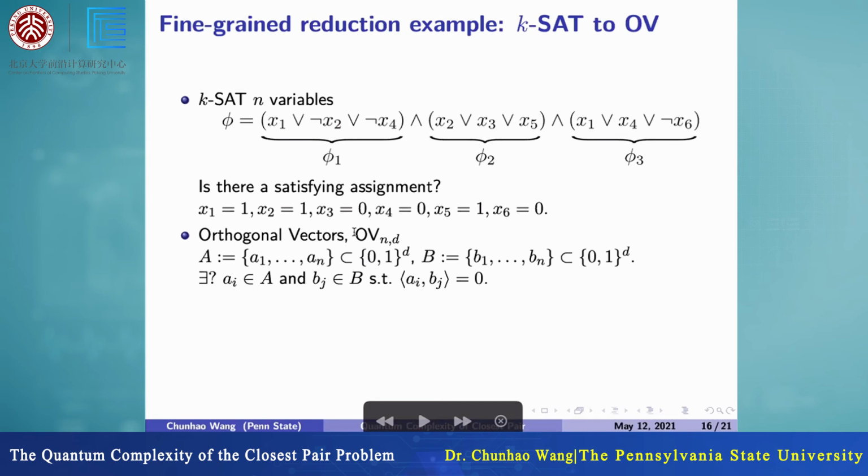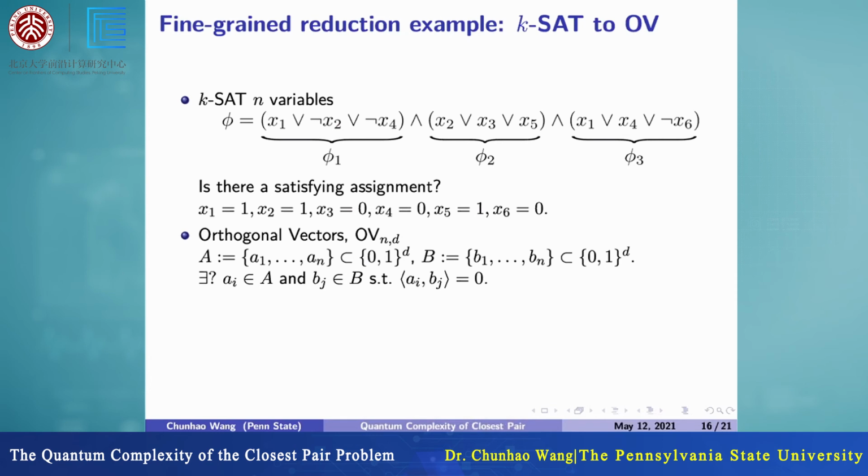In this problem, we have two sets, A and B. In each set we have n d-dimensional binary vectors: A1 up to An, each of them a d-dimensional binary vector, and also B1 up to Bn, each of them a d-dimensional binary vector. The question is, can you find a vector in A and a vector in B so that they are orthogonal?